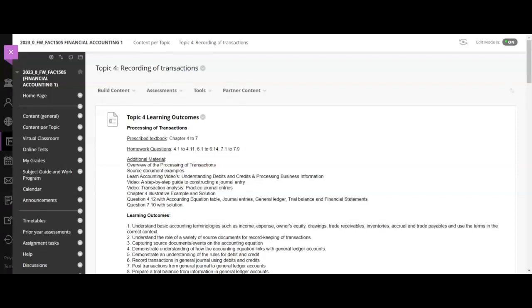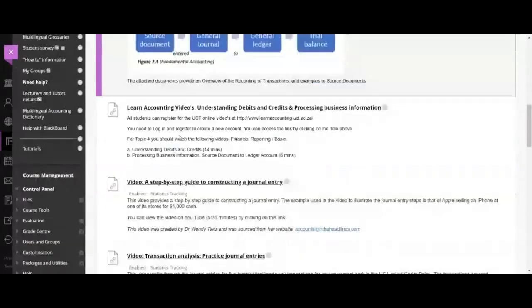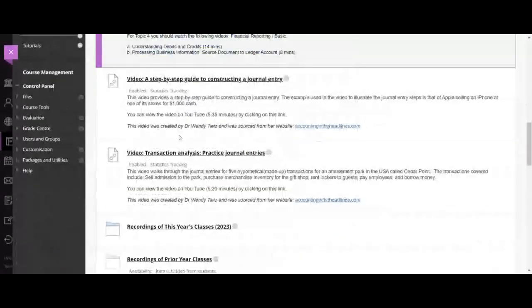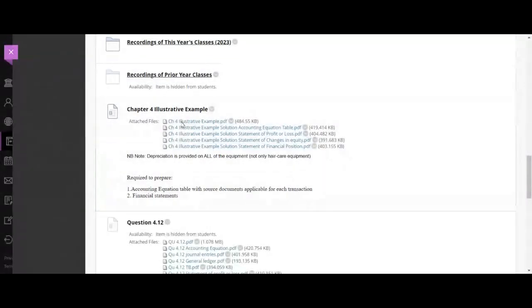Perhaps someone can just type for us in the chat which page is the illustrative example in the ninth edition. Somebody can possibly type it for us there. Anyway, I've scanned it in. Excuse me, I've got a frog in my throat this morning. I've scanned it in, so I'm going to display it in any case. So I'm going to click there on the chapter illustrative example. Now I've just got to share it with you.